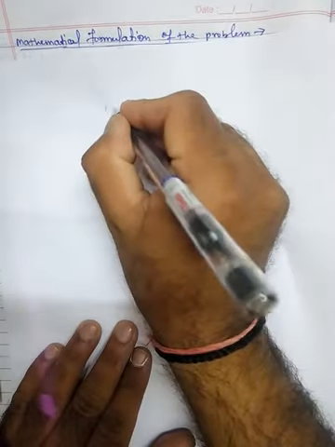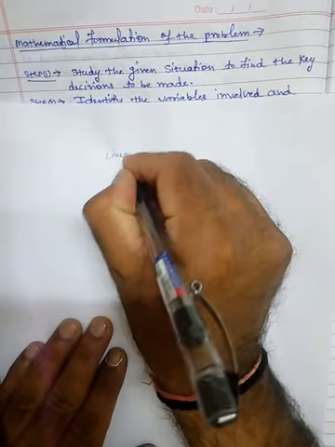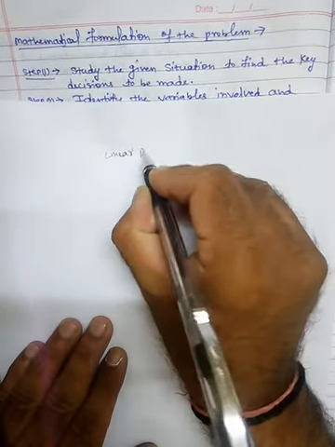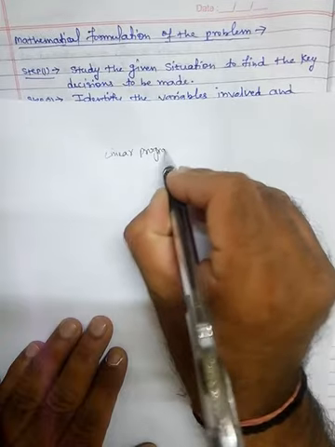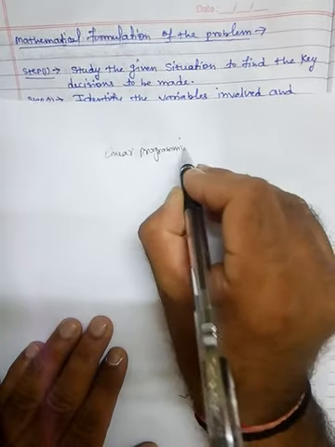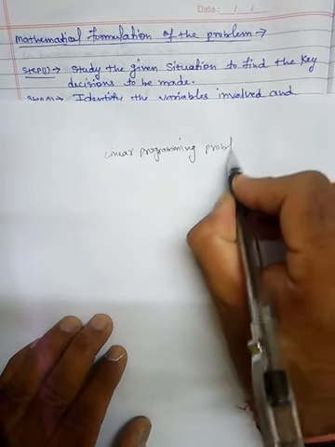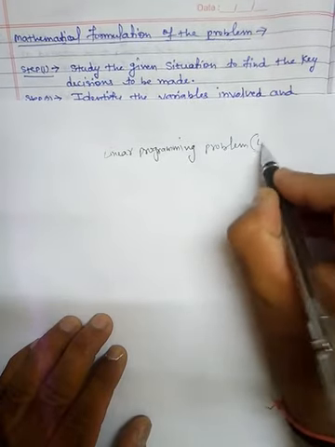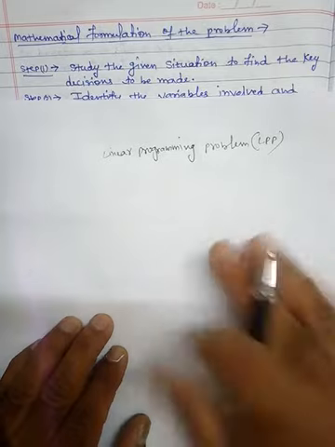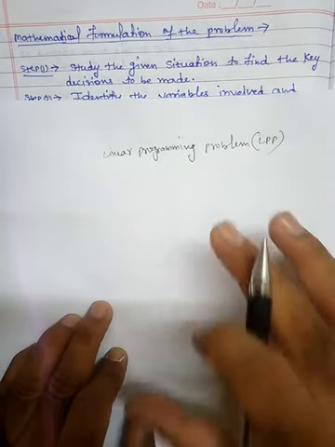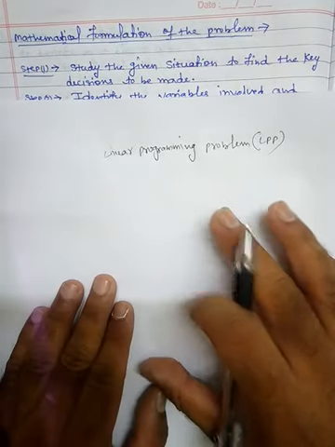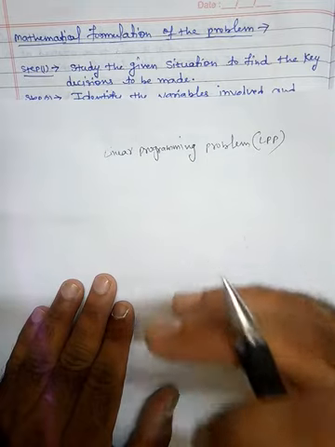In a linear programming problem, in short LPP, basically we have three important ingredients.